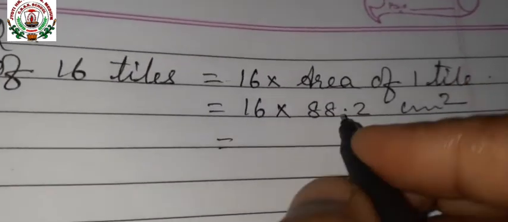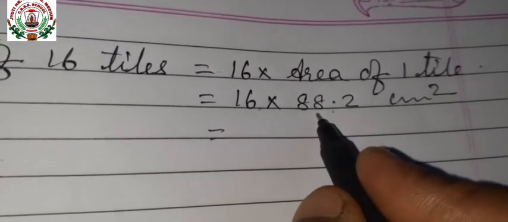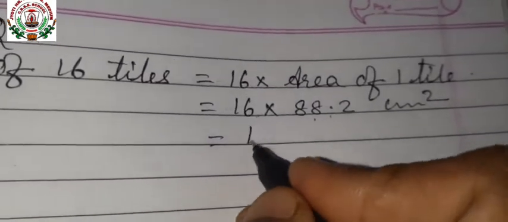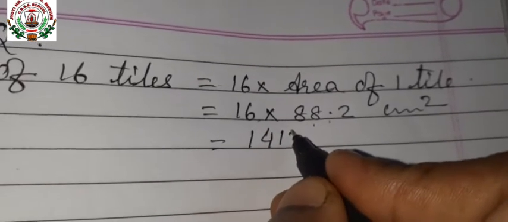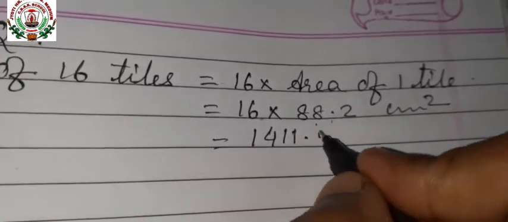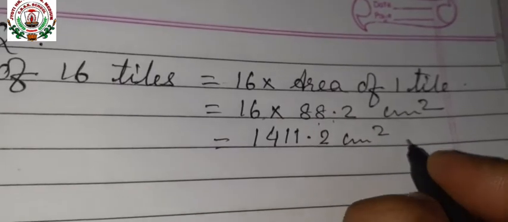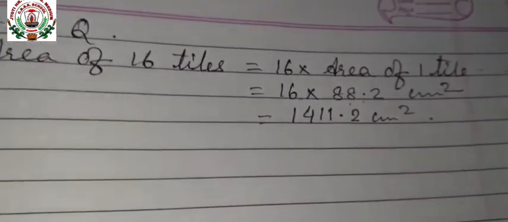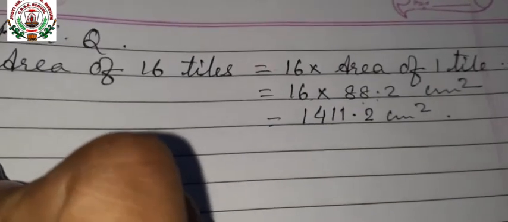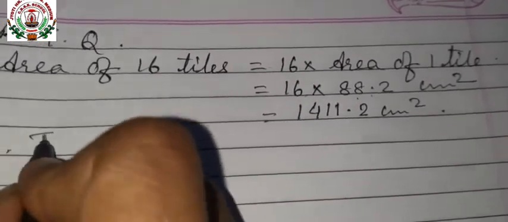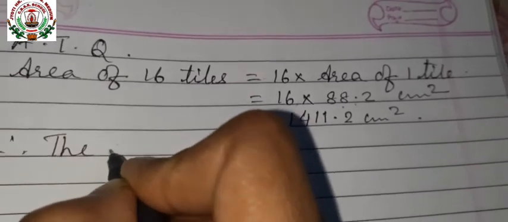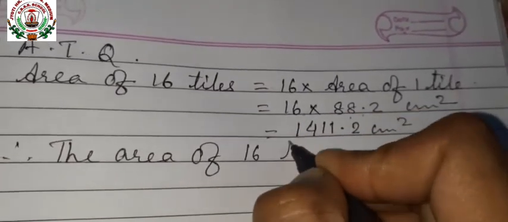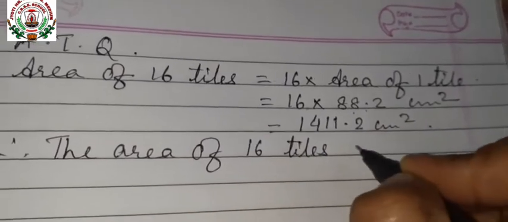Now on just multiplying this, you will get 1411.2 cm square. So this is the area of 16 tiles. You can write, therefore the area of 16 tiles equals 1411.2 cm square.